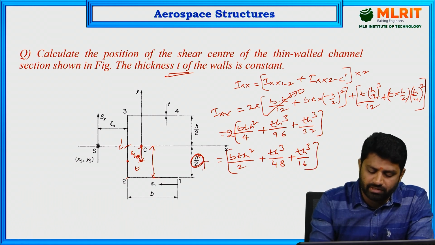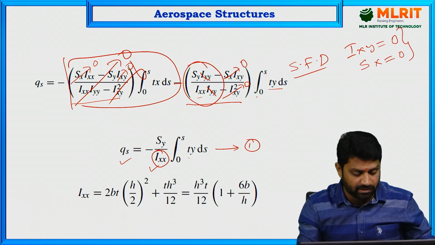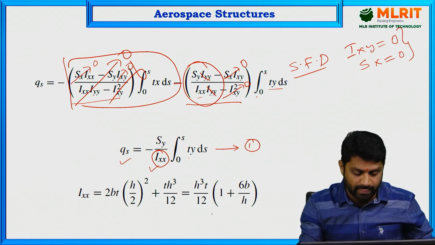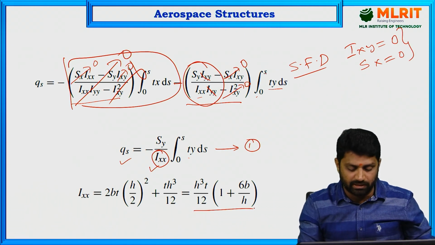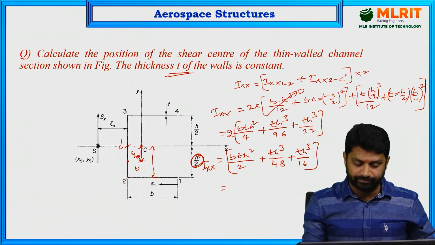Okay, further you can reduce this equation to get what is written here, that is this one, h cube t by 12 into 1 plus 6b by h. So you can reduce that form of the equation here.